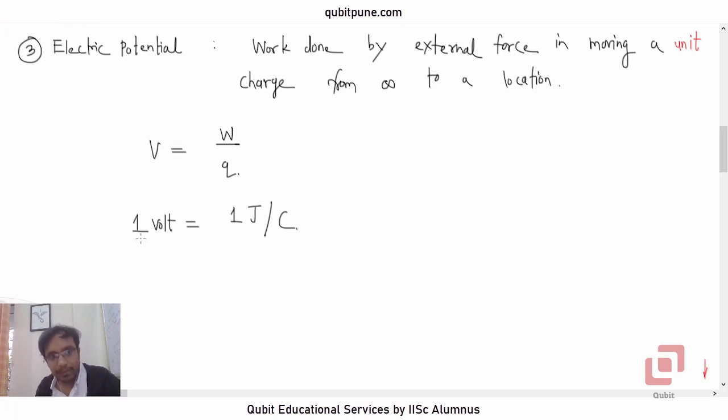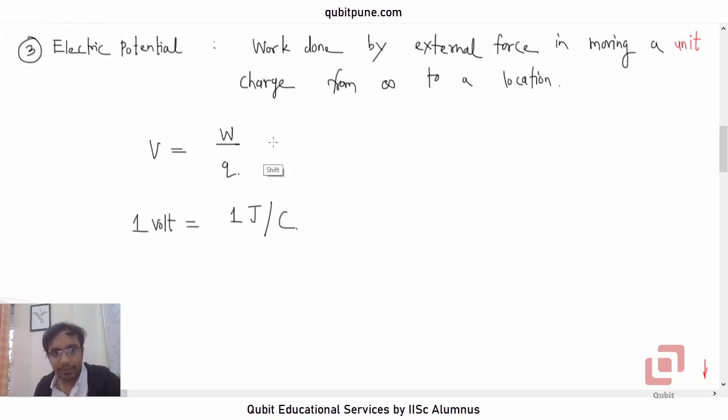So the potential of 1 volt refers to the work done by an external force equal to 1 joule when you move a charge of 1 coulomb from infinity to the respective location. I hope you understand what electric potential is. It is actually the work done in moving a unit charge from infinity to some specific location. This is called electric potential.